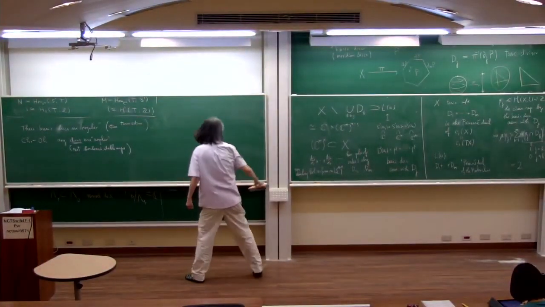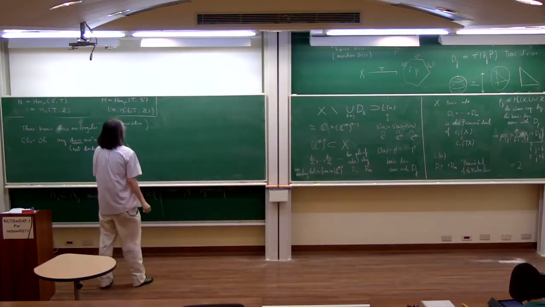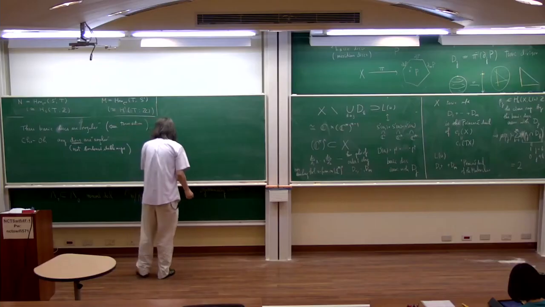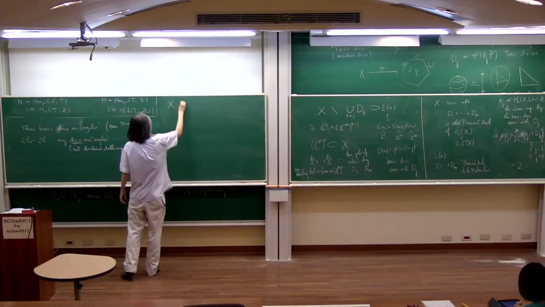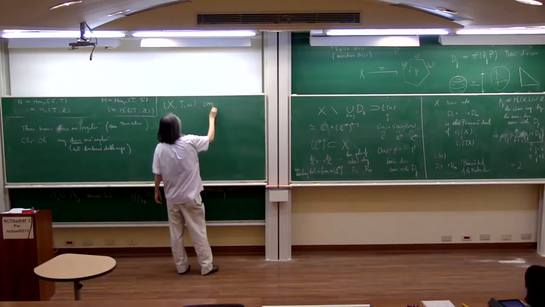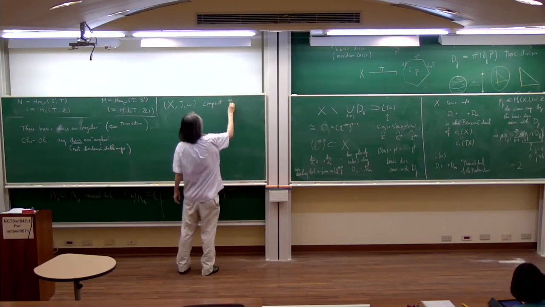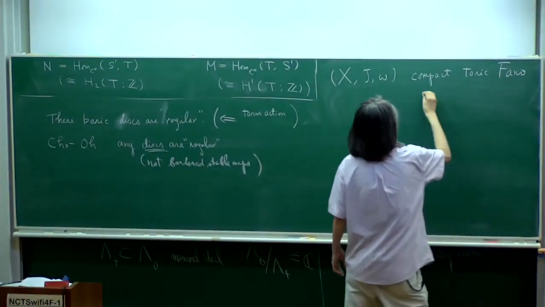And then what do we want to say? Okay, so now I consider the following. Let (X, J, omega) be a compact toric Fano manifold.